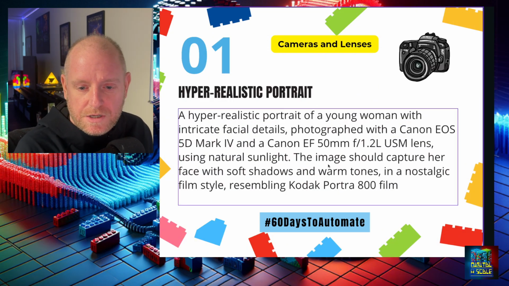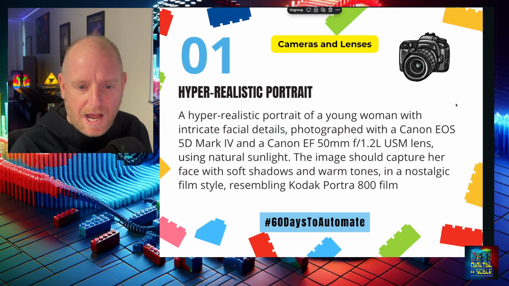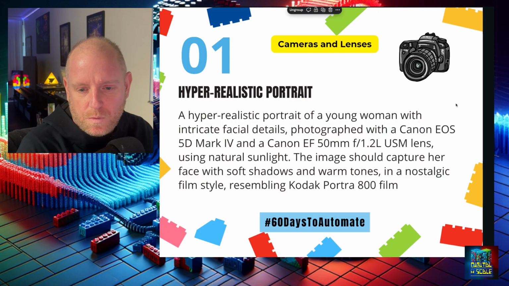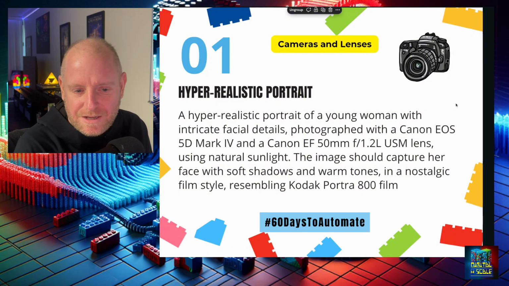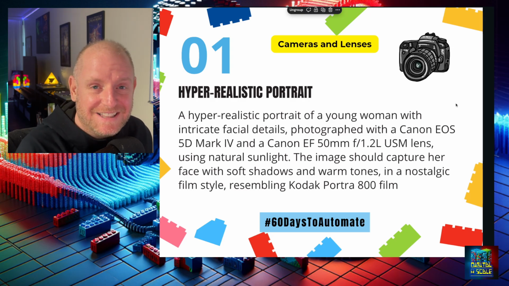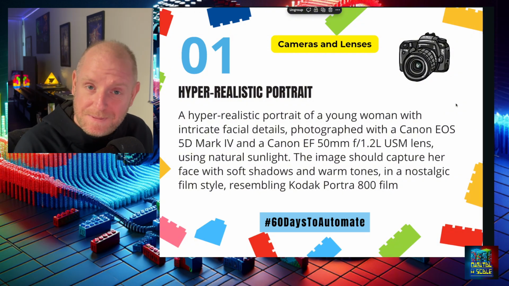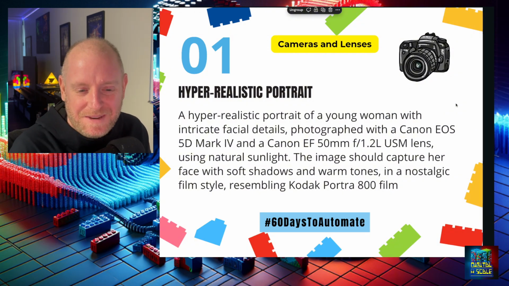So the first one we're going to do, and I'll read it out here: a hyper-realistic portrait of a young woman with intricate facial details, photographed with a Canon EOS 5D Mark IV and a Canon EF 50mm f/1.2L USM lens. So when we talk about being specific, this is what we mean.